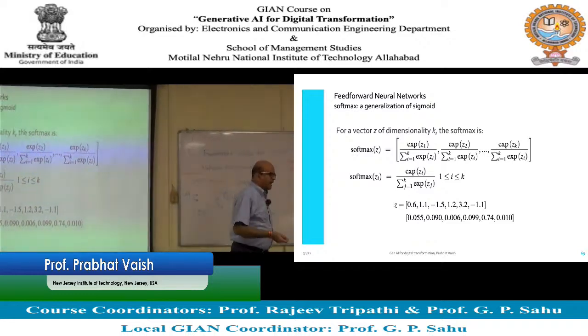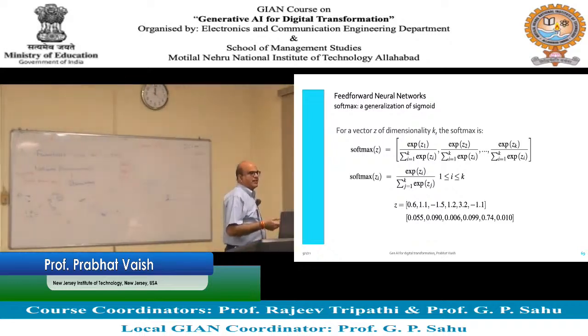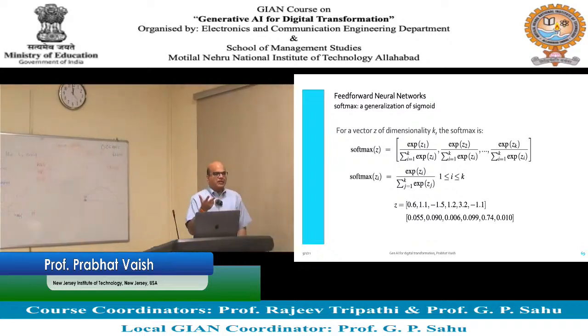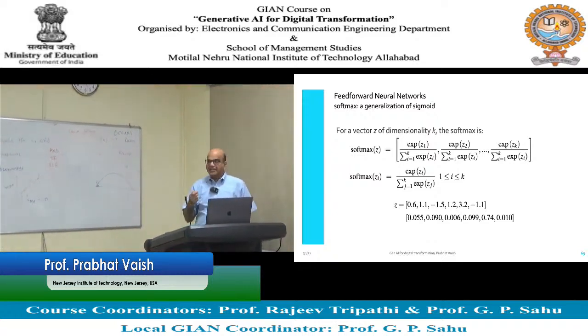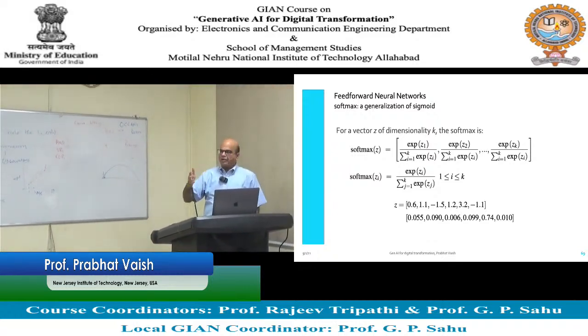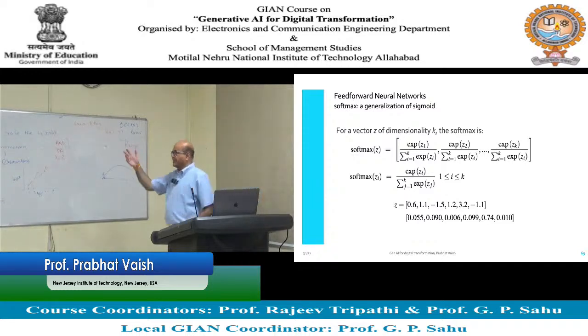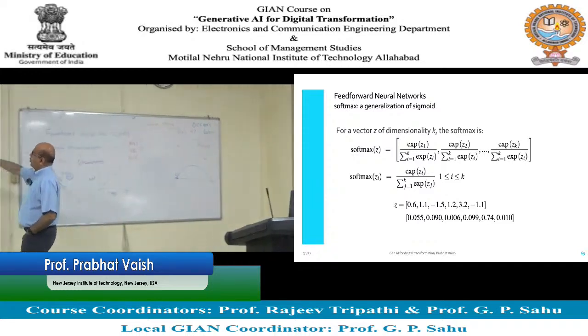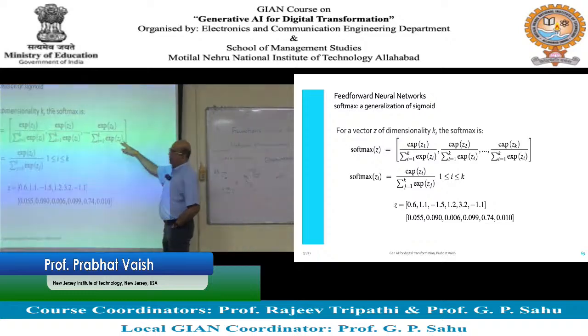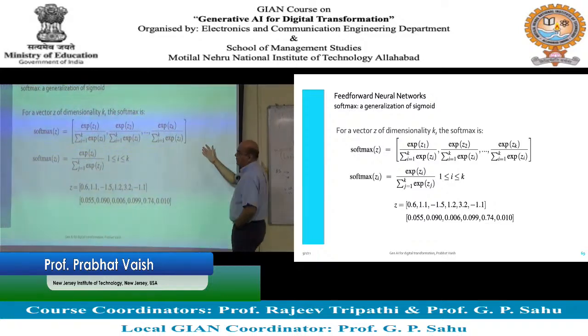If you apply that to the roll of a dice, 6 possibilities, each possibility is equal. If the dice is not rigged, then every possibility is 1 by 6. You're doing exactly the same thing here: 1 over the summation of all possible values. So that's what the softmax function does.